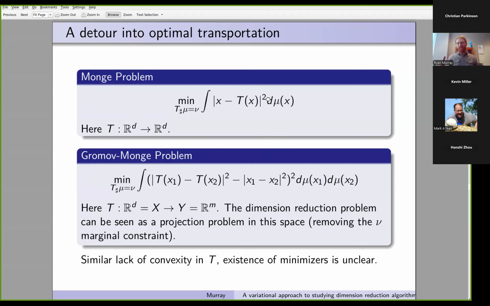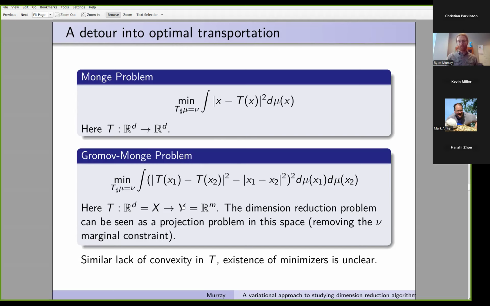This starts to look like the energy that we're talking about, but it's not quite the same. There's only one mu here, whereas for our energy there are 2. Well, there's also what's called the Gromov-Wasserstein problem, which is a similar sort of thing, but now you're looking at mapping one measure space to another measure space. So here I'm thinking RD to RM, but you could also do something more general if you'd like.